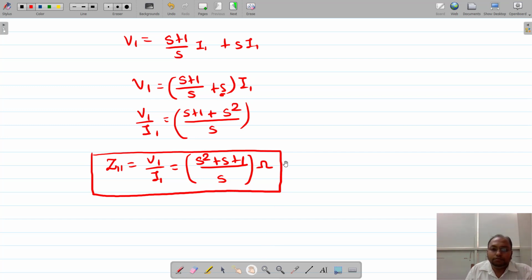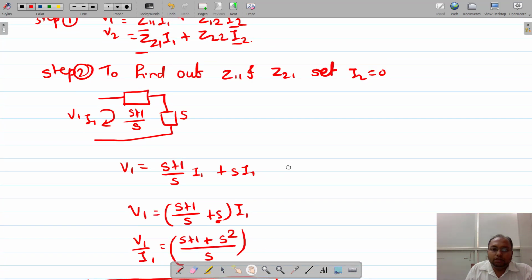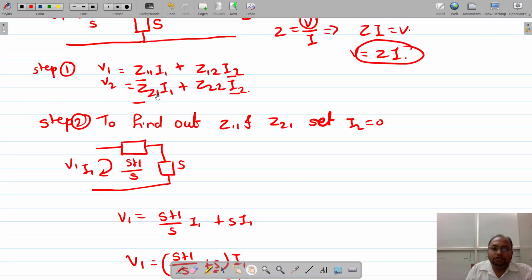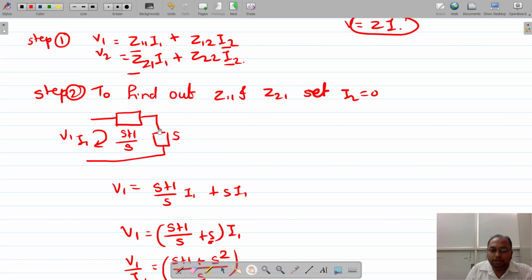What is Z21? Z21 is nothing but V2 divided by I1. What is V2? V2 is nothing but the drop across this S, so don't forget this. We have already calculated this. V2 is the drop across S because of current I1.